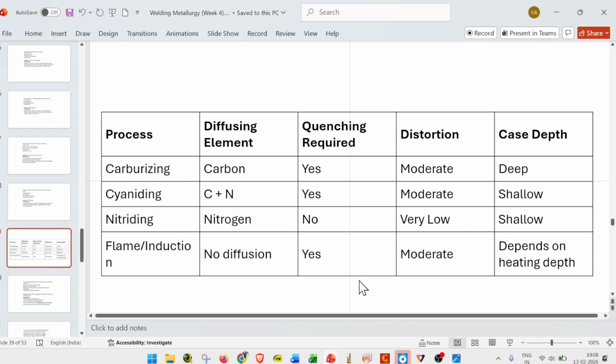The only difference is that induction uses induction heating, but in flame we use flames, which we can use for larger and irregular shaped components, whereas induction can be used only for uniform shaped ones.